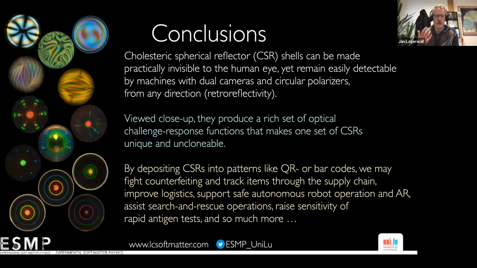But by depositing many of these into certain patterns like QR codes, barcodes, fiducial markers, we can then also use them in supply chain management and supporting autonomous robot operations. Augmented reality uses the same fiducial markers, so I didn't mention it, but it's exactly the same thing. And potentially also raise the sensitivity of rapid antigen tests and so much more.